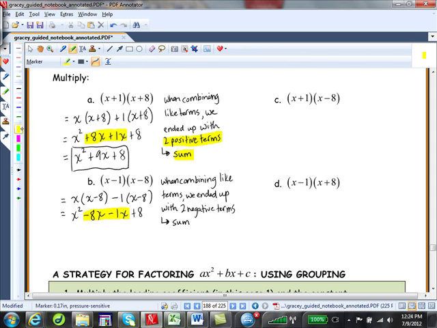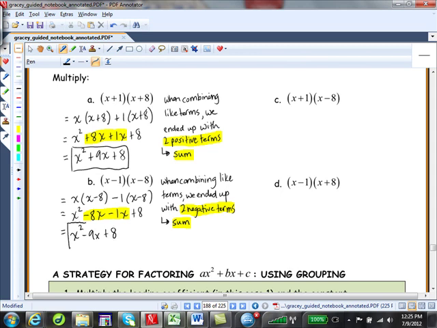When you're combining like terms for two negative terms, you end up with a sum. This is very important because you have to look at the combination of these items. Let me give my final result here, which is x squared minus 9x plus 8.